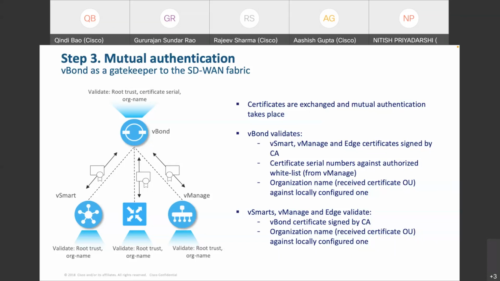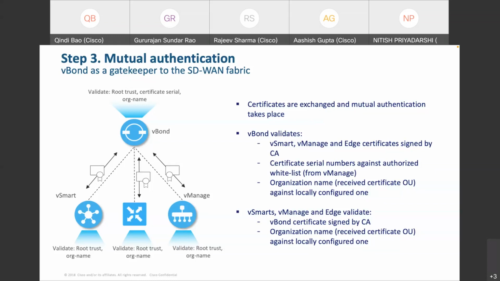And vBond validates the certificate serial number against the authorized whitelist. That whitelist is from vManage, which we talked about in previous slides. vBond also validates the organization name, which is retrieved from the certificate OU, and compares it with the organization name configured locally to see if it matches.